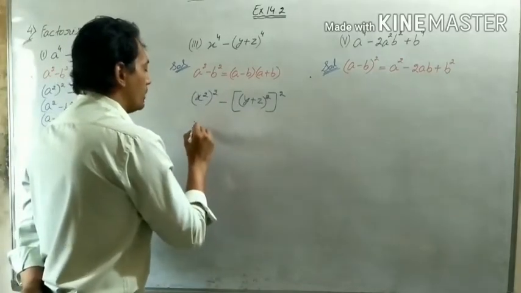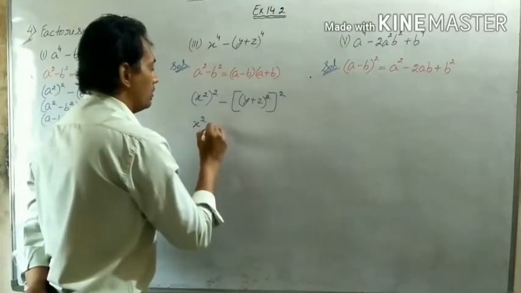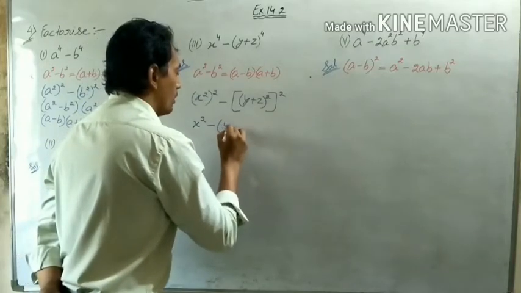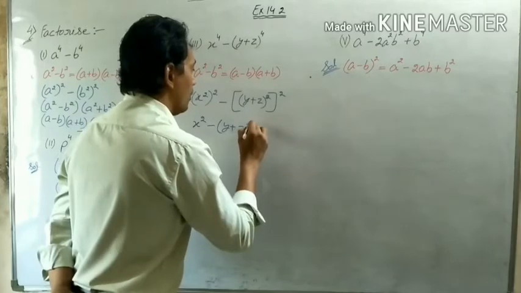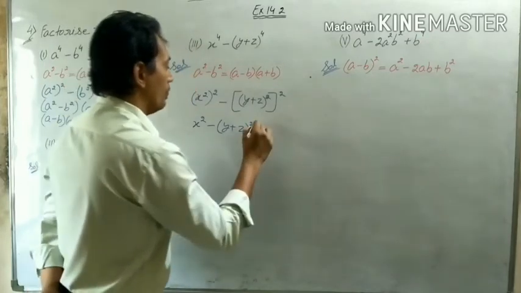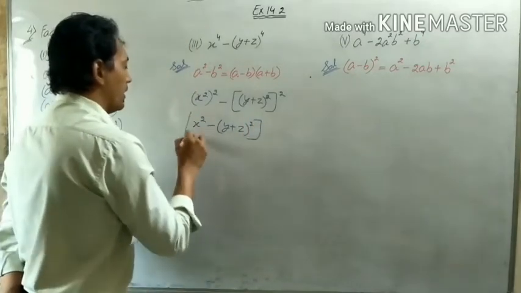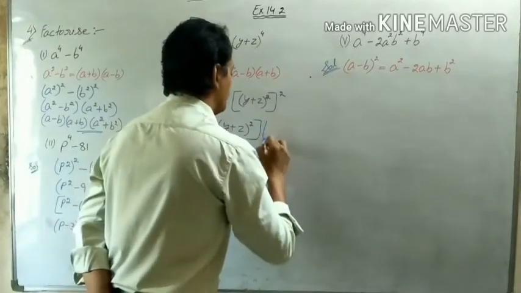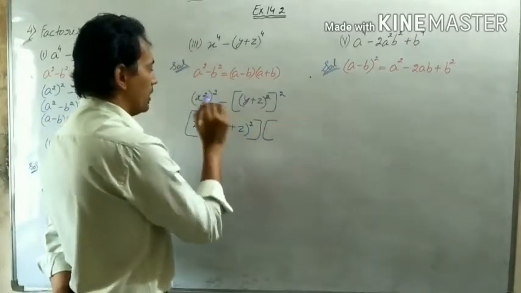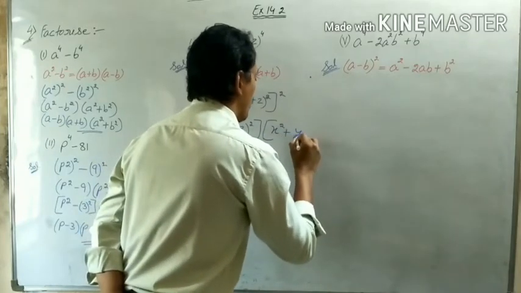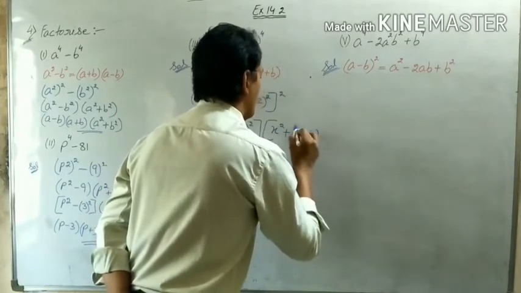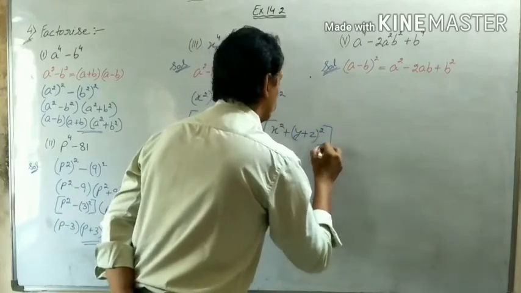So we have x square minus y plus z whole square in the bracket. Again we can write plus x square plus y plus z whole square.